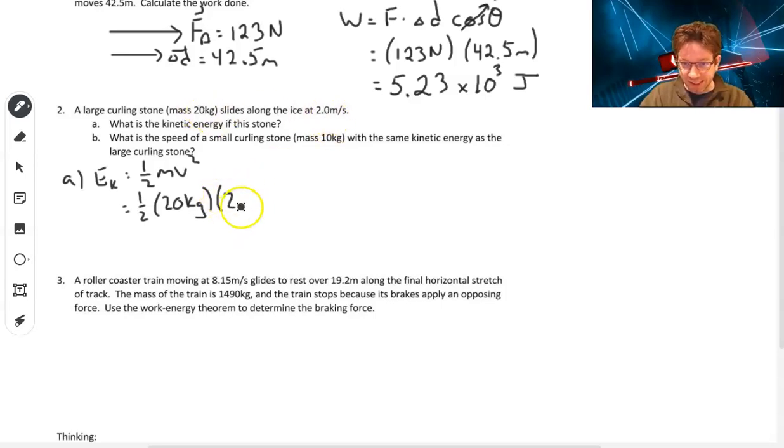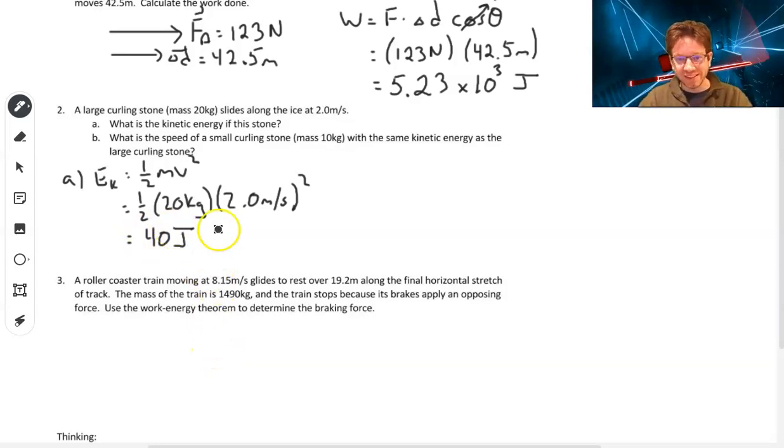That's what they give it to us as, 2.0. And don't forget to square. That square is extremely important. So you get half times 20, which is 10, times 2 squared, which is 4, so 40 joules.